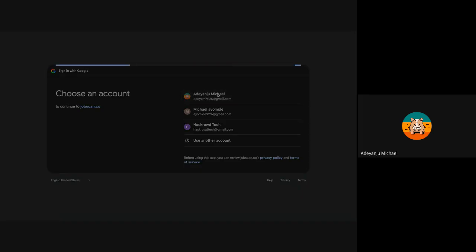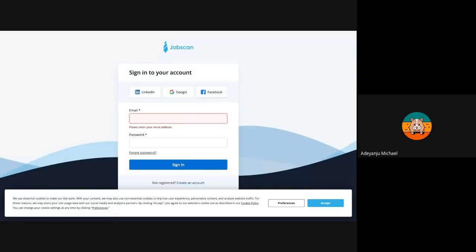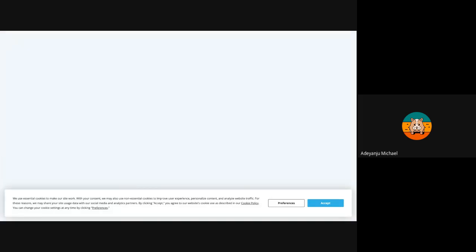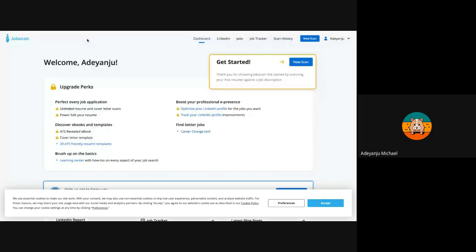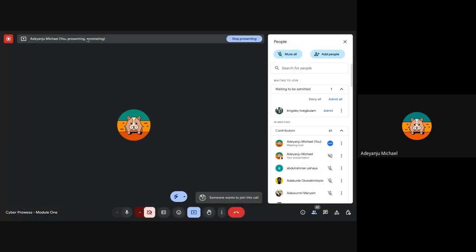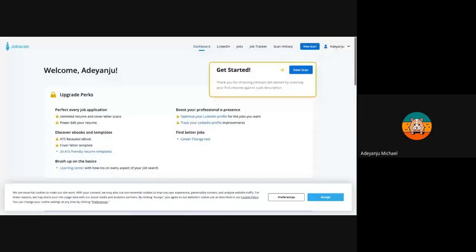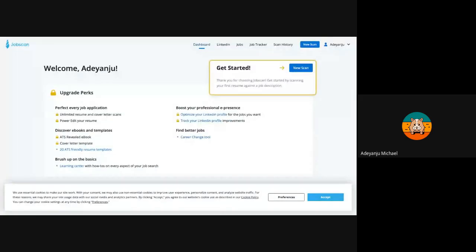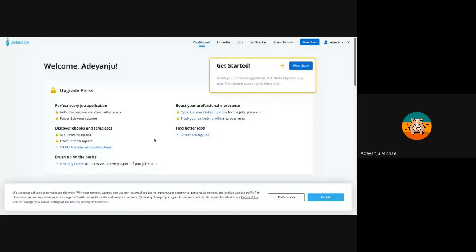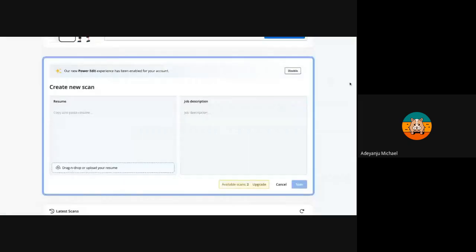One second. All right. I don't know if I still have some features to scan. Let's just give it a new scan.